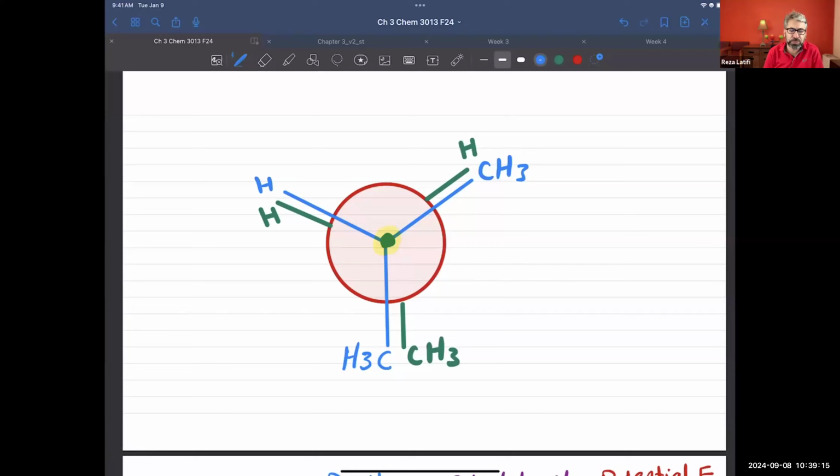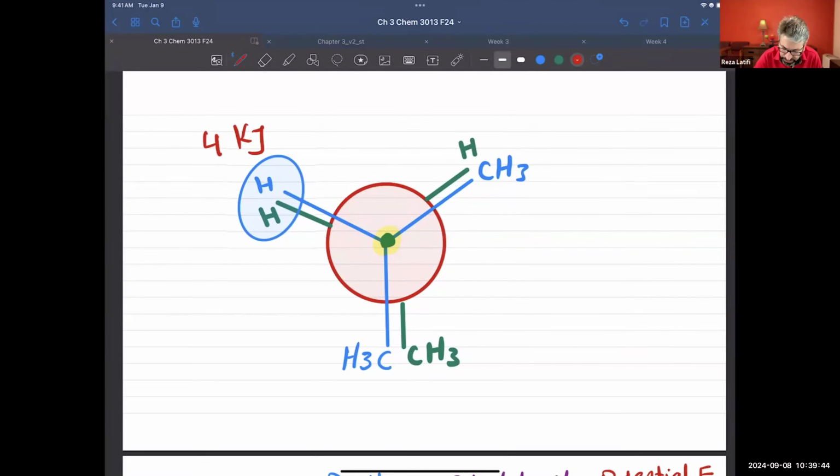Because if you put all the substituents in an eclipsed position, you're going to have torsional or steric effects. For these two hydrogens, I'm going to have torsional strain, and that torsional strain is going to cost me 4 kilojoules. Technically, it makes the system unstable by 4 kilojoules.